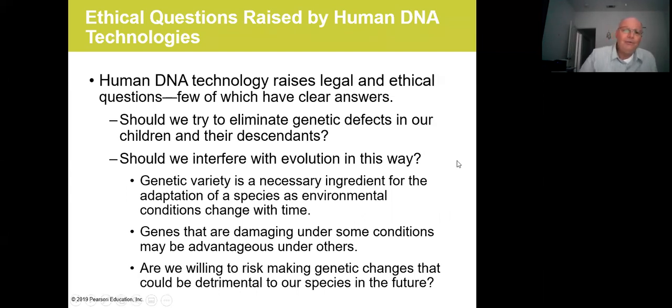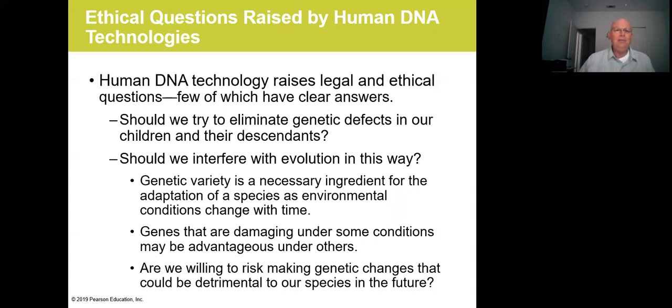In the case of human genetic engineering, yes, we can cure genetic diseases, but do we want to take it one step further and actually manipulate our genome to affect future generations?